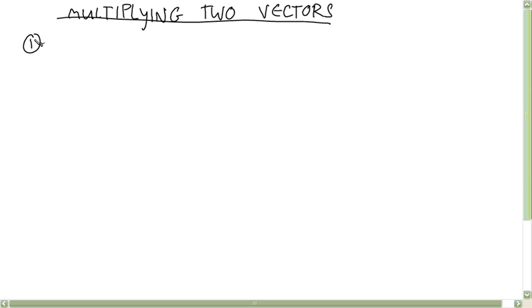The first way is the dot product, and the dot product produces a scalar. You take two vector values, dot product them together, and you get a scalar out.